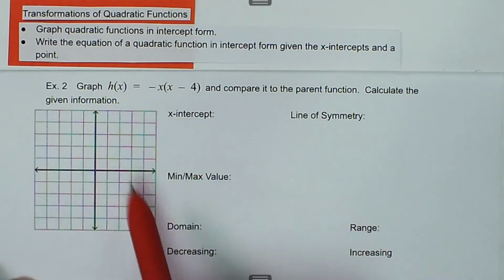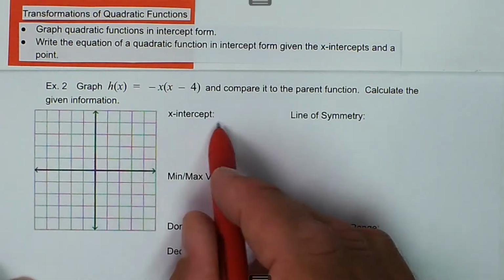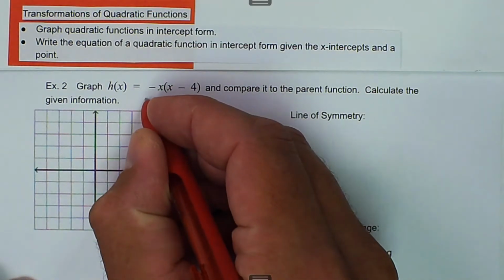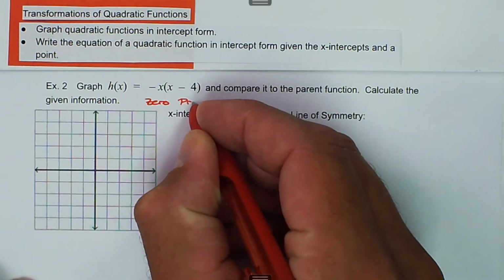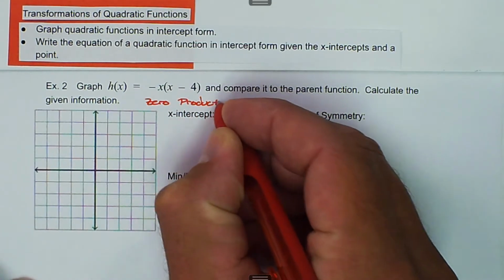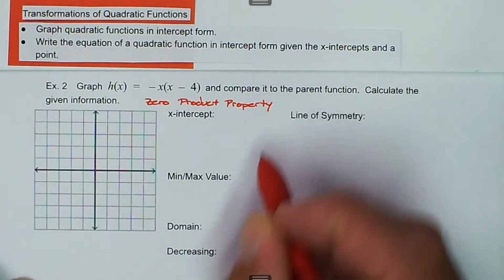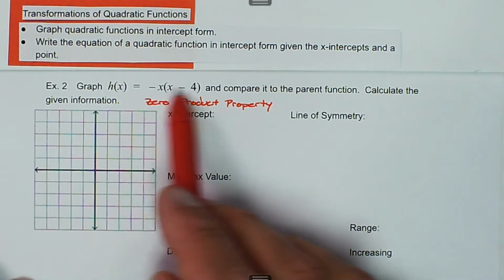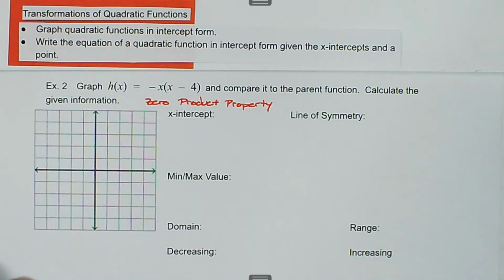Calculate the given information. First of all, we want to calculate the x-intercepts, and that is going to be by the zero product property. What that means is, if you multiply two things together and one of them equals 0, then the product equals 0.